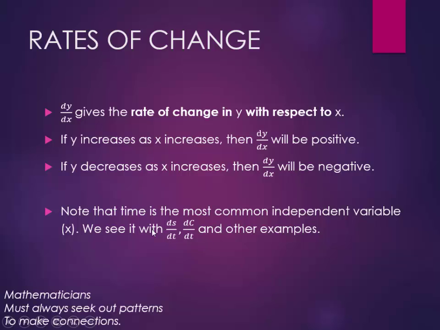That could be cost over time, or something else over time as well. That's how it changes. Now if we find the derivative of a function, then we are able to figure out the rate of change of a cost function or something of that sort.